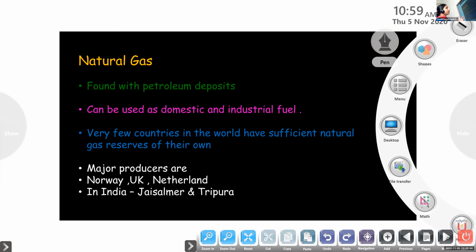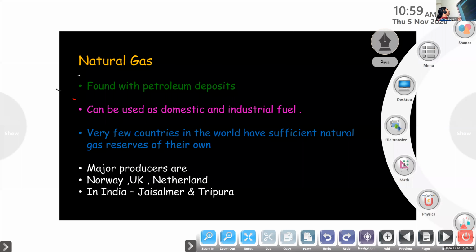When we extract crude oil, that is the actual form. After processing in refineries, we get a variety of products like petroleum. When we take crude oil, natural gas is released, so it's found with petroleum deposits.